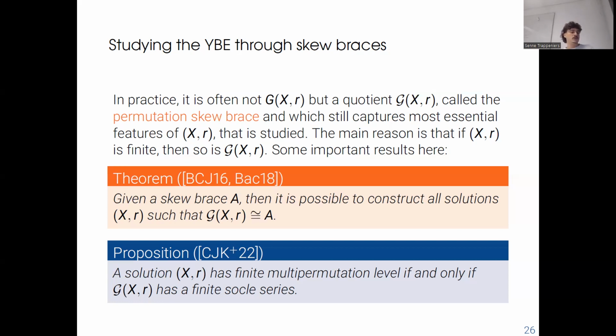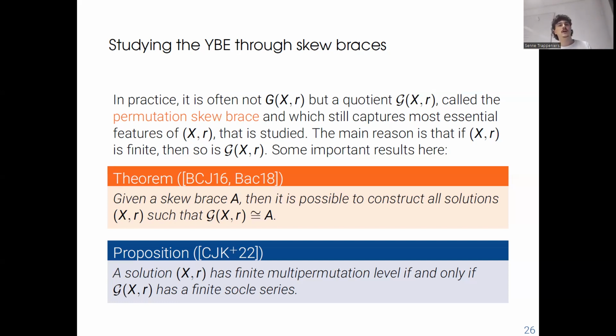Then, of course, a very natural question is how certain properties of solutions translate to properties of the associated structure skew brace or permutation skew brace. One natural notion is having a finite multipermutation level.